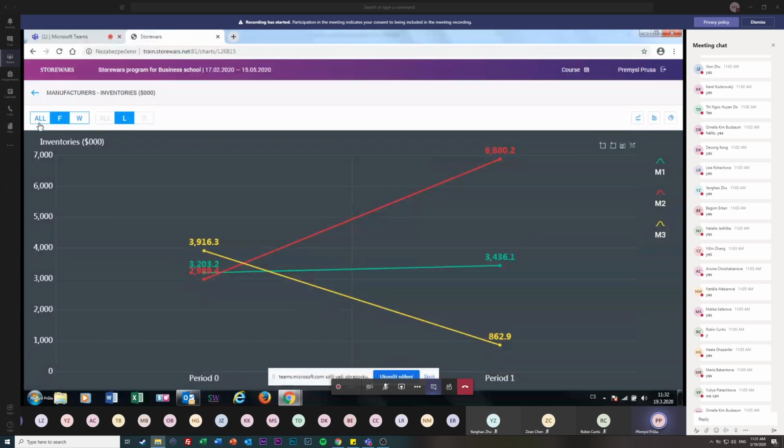So once again, what about the recommendation for manufacturers? I don't see any big troubles there. You should continue the way you are doing now, but of course, if you want to grow the sales, you need to have market share, and in order to have market share, you need to have shelf space. So if you want to grow it, you need to negotiate the extension of shelf space with the retailers.